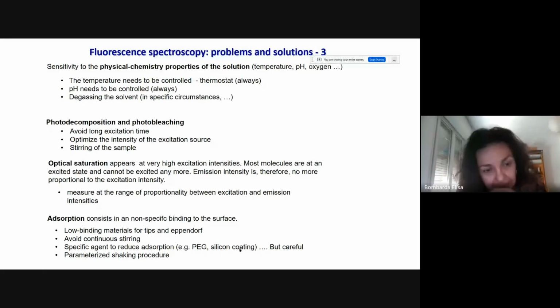And then also, in case, you parameterize the shaking procedure. What does it mean? Imagine that you are measuring a binding. You add your receptor, you measure, then you add your ligand, and before measuring again, you shake the cuvette, going up and down, in order to mix the solution.